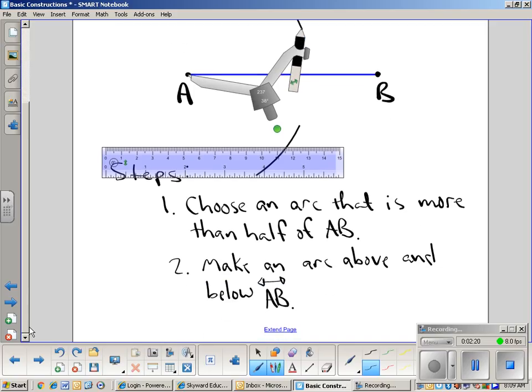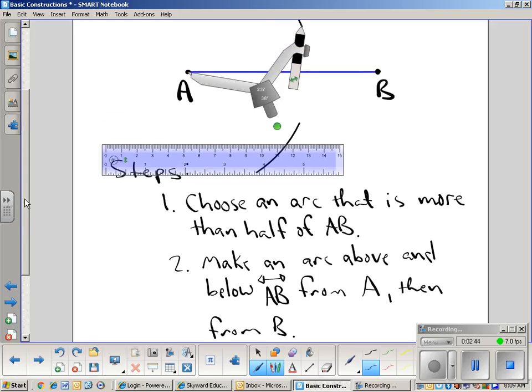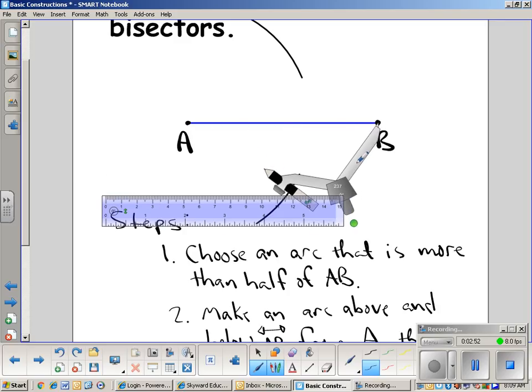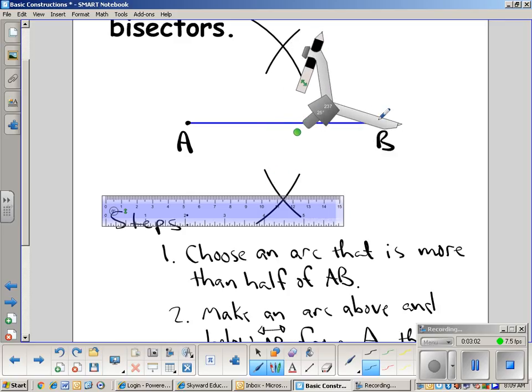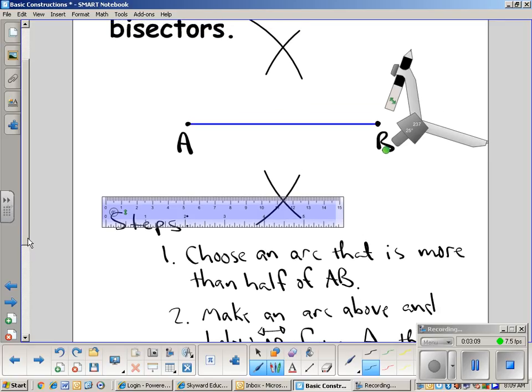Alright? Oh, I should add from A, then from B. So we did it from A. Now without changing our compass setting, we're going to do the same thing from B. Okay?